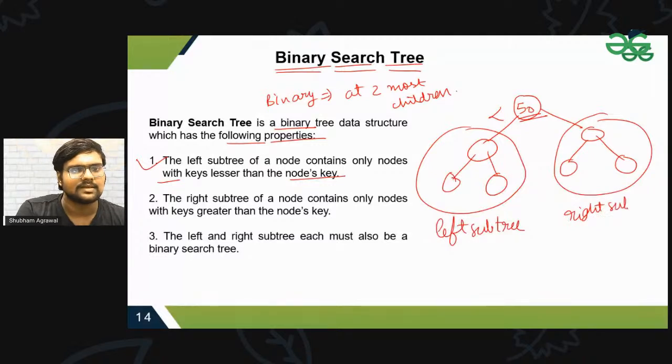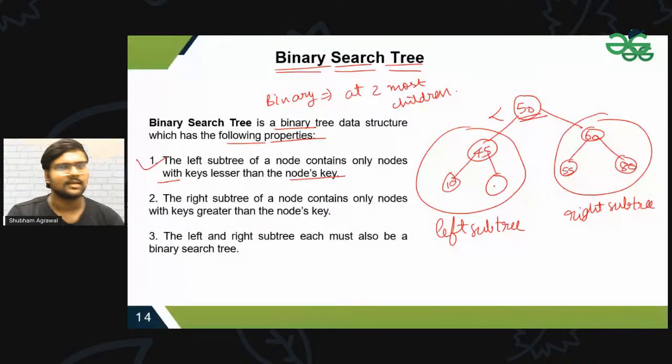So here it can be 60, 80, 55, and on the left it can be 45, 10, 49. So here all the values are less than 50, and here all the values are greater than 50.